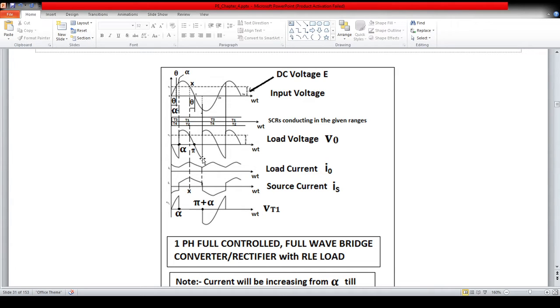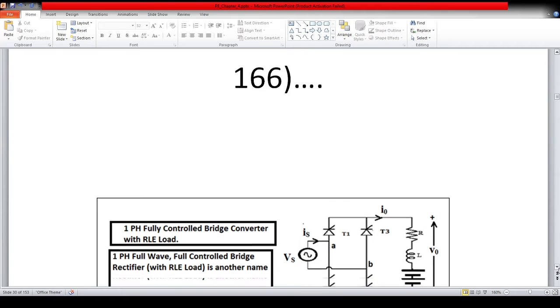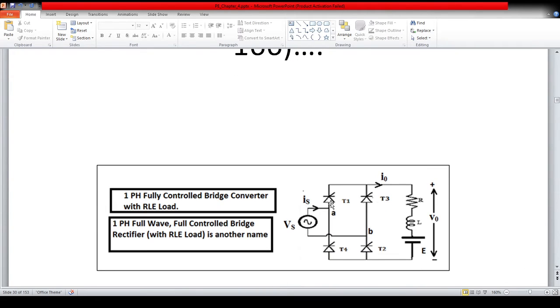Then at pi plus alpha we can fire T3 and T4, that is in the negative half cycle. When we fire T3 and T4, see in the negative half cycle these two are forward biased.